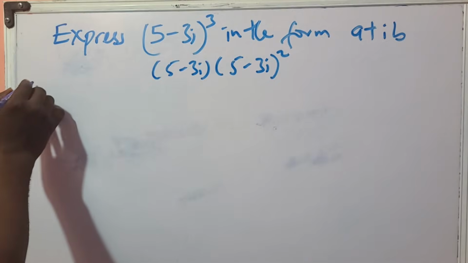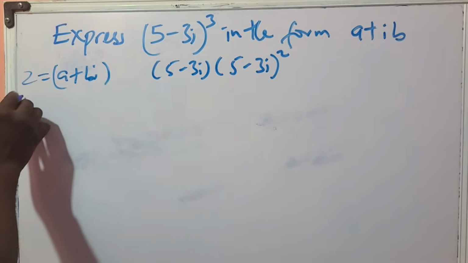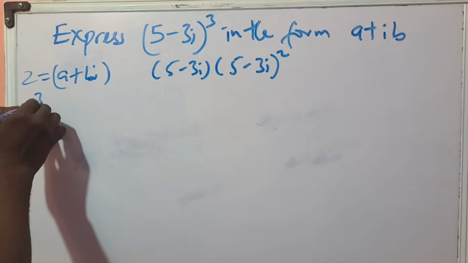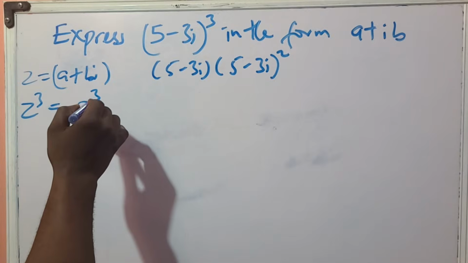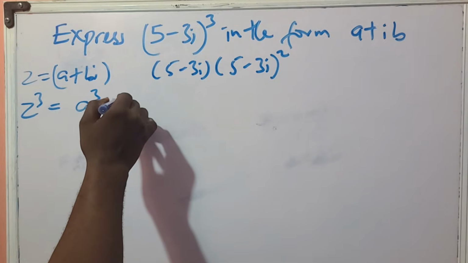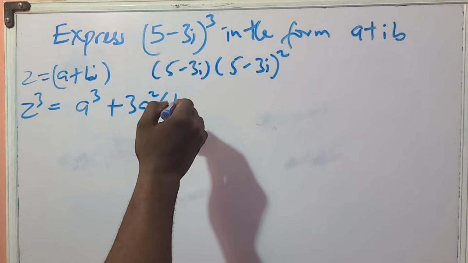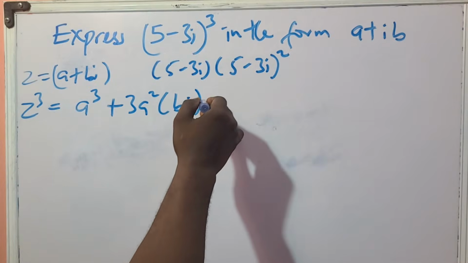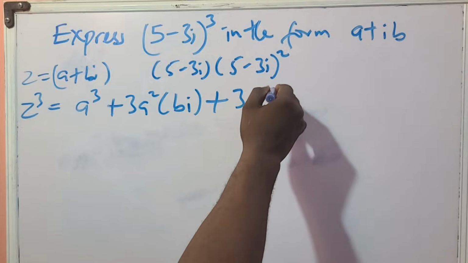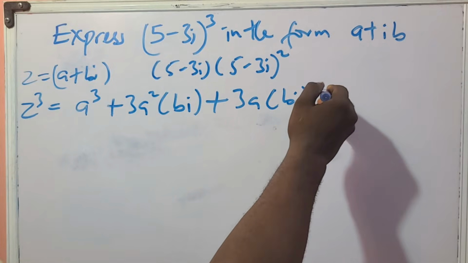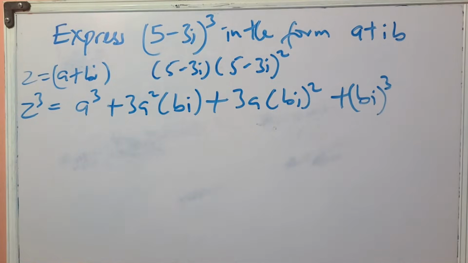So let's assume we have z equals a + bi. If we're going to find z cubed, it is generally going to be equal to a cubed + 3a squared times bi + 3a times (bi) squared + (bi) cubed.